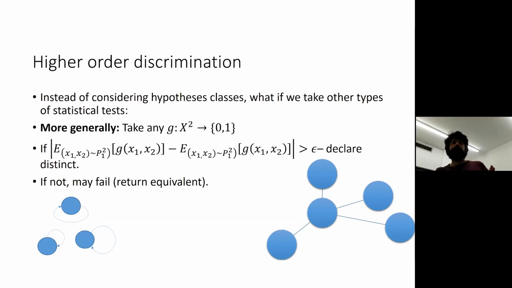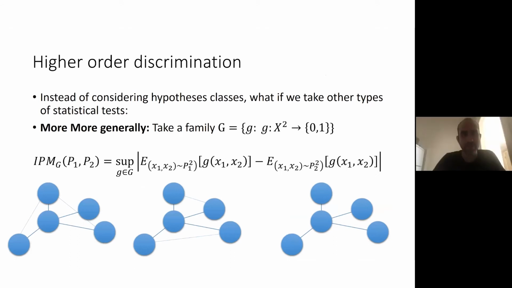Yeah, so far I'm not taking any supremum. I'm just saying a single test, one hypothesis, one test. But obviously the natural thing is to take a family. So now the family is not of events of X, but events of X squared, and then you take pairs and you check whether they belong to this event.